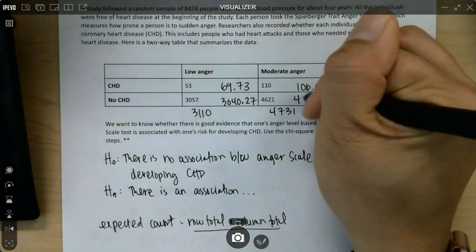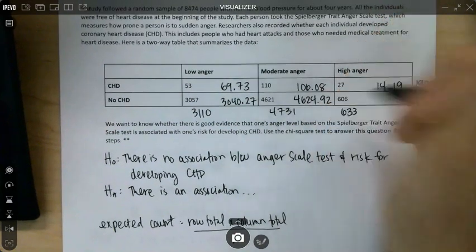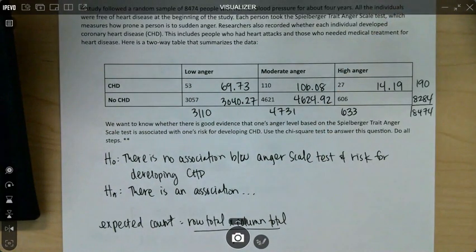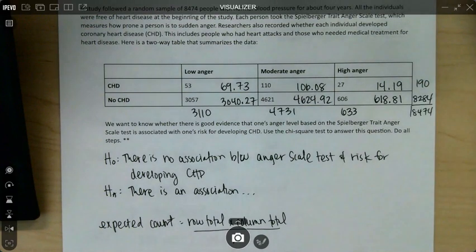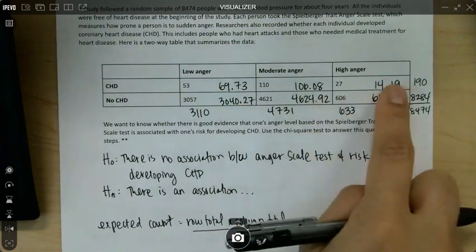That's 4624.92. And then the last one, 8284 times 633 divided by 8474 is 618.81. All right, so these are all of my expected counts.